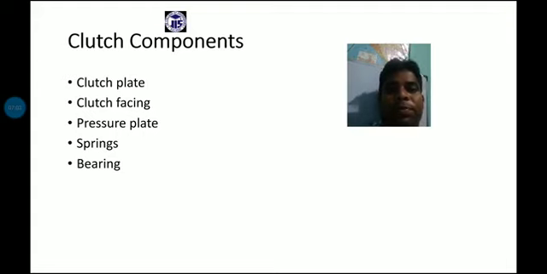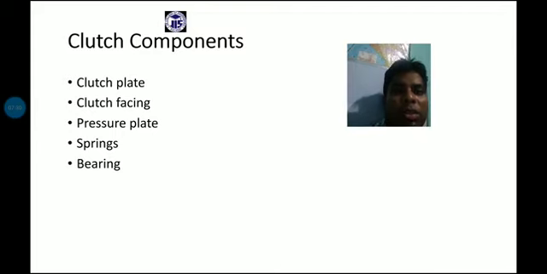The clutch plate is a surface with some certain distance, and the two plates are in engaged position when the vehicle or car is in running condition. In the disengagement position, they are not connected properly.